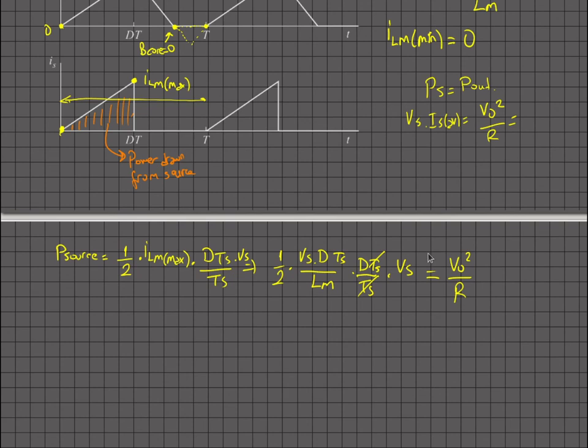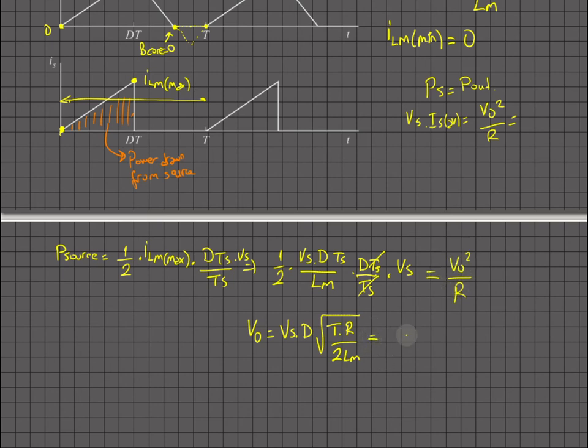If you write everything in terms of Vs and duty cycle, what you are going to find is that VO is equal to Vs times duty cycle times the square root of T times R divided by 2 Lm. D squared was taken out, R comes here with the 1/2, and there's a square root over that.